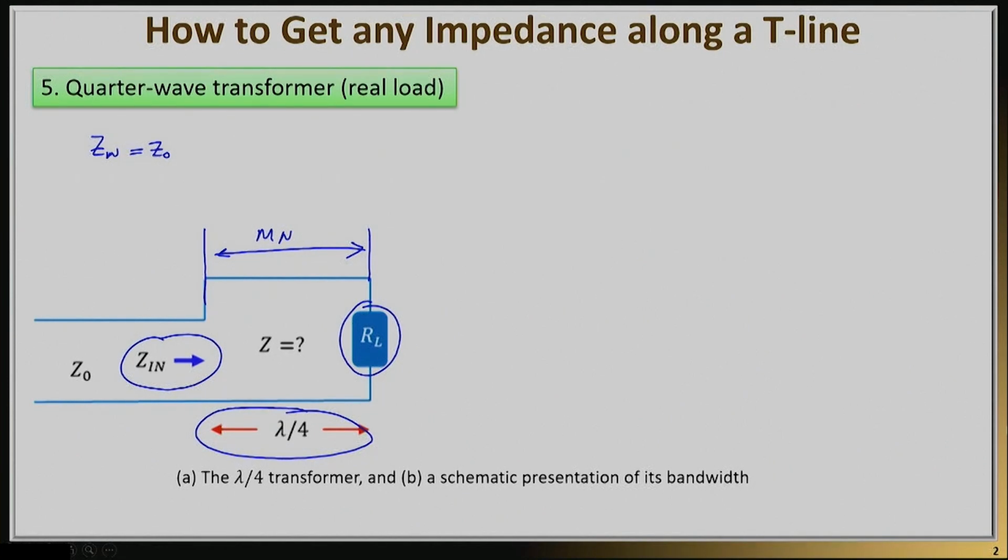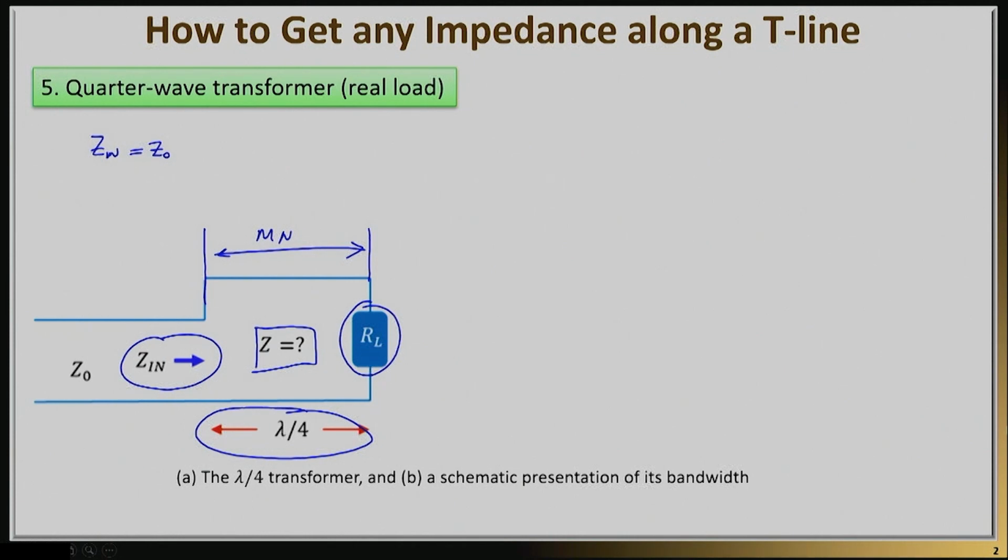And what I need to find out is exactly what is the required impedance Z. So in other words, what is the required impedance that I have to insert between my load RL and my transmission line Z0 such that the Z input is equal to Z0?